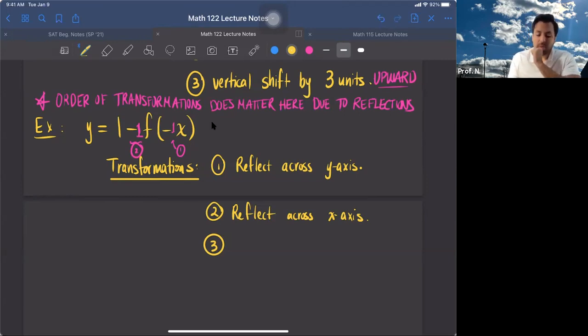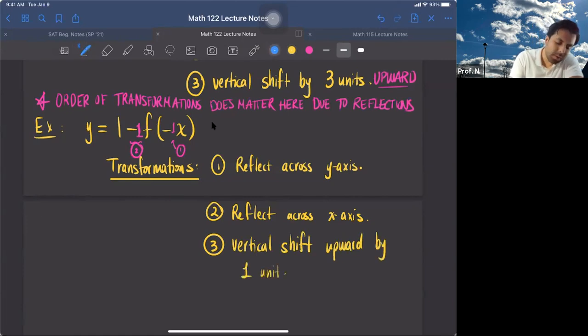So what does that 1 do when we add it to the function on the outside? It's going to produce what kind of effect? Yep, it's a vertical shift. So it's a vertical shift upward by 1 unit.